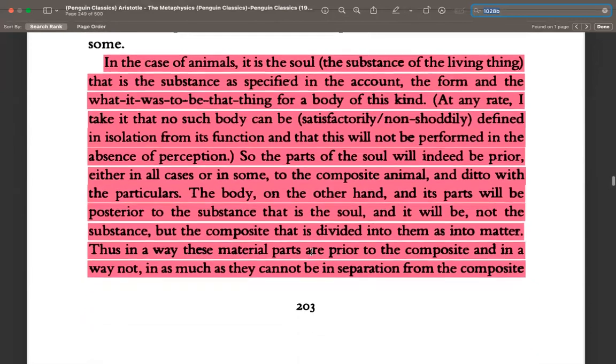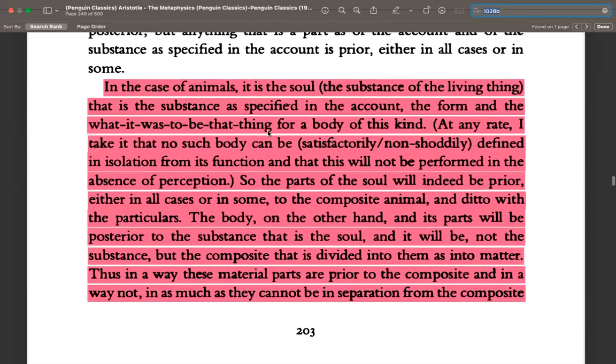Let's read this pink quote in front of you. In the case of animals, it is the soul, the substance of the living thing, that is the substance as specified in the account, the form and what it was to be that thing for a body of this kind.